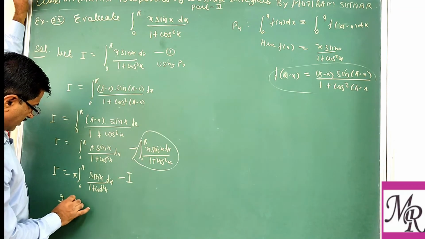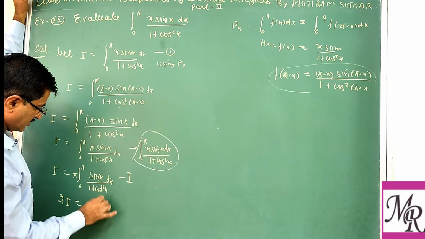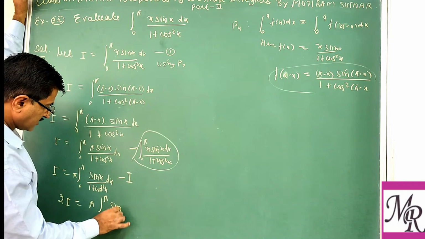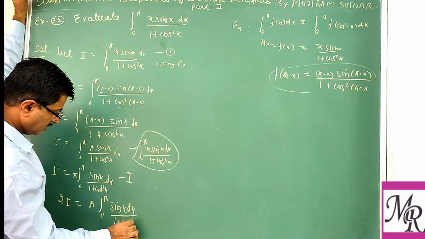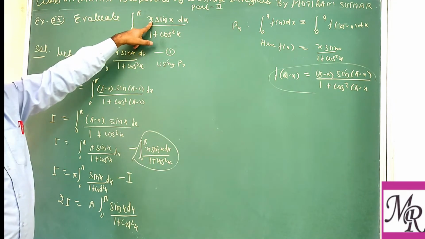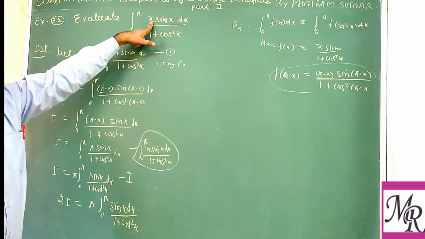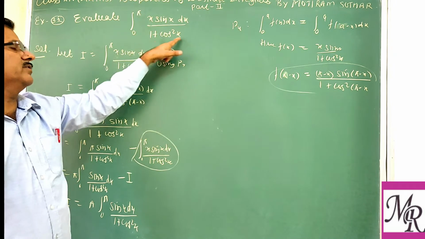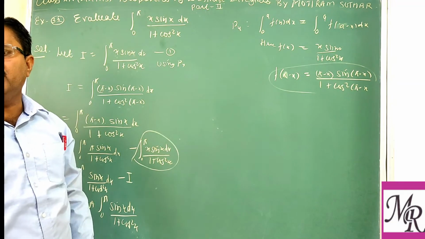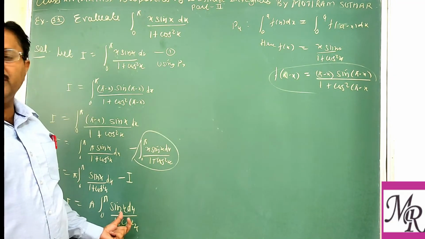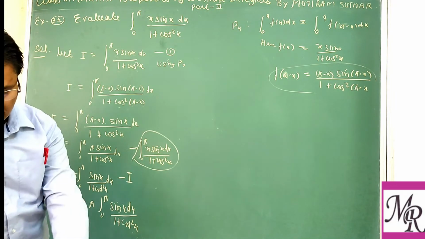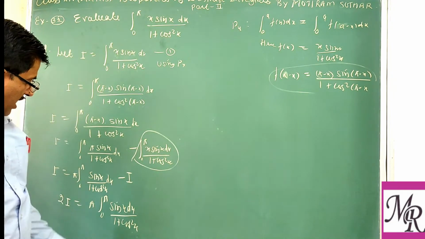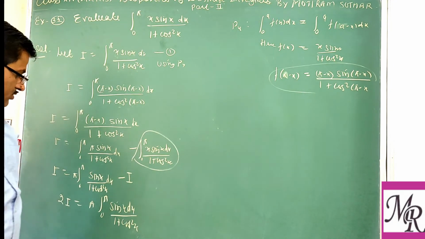So 2I equals pi times the integral from 0 to pi. Now this is the simple form. Why do we call it simple? Initially it was the product of an algebraic function and a trigonometric function, so we could not integrate directly. But now the integrand is only a trigonometric function, which can be easily integrated by putting cos x equal to t.